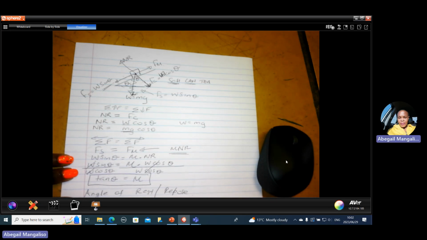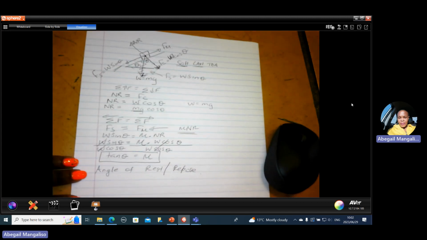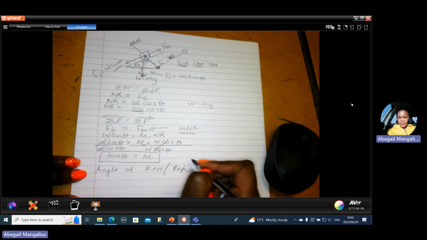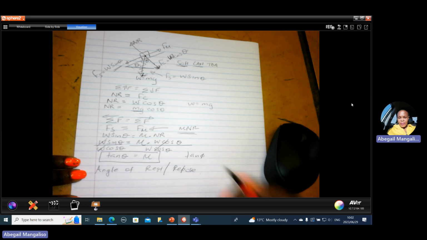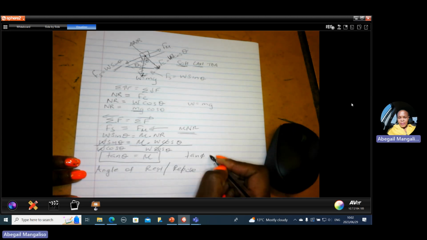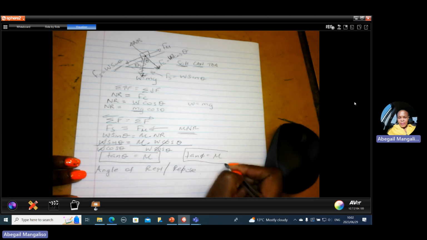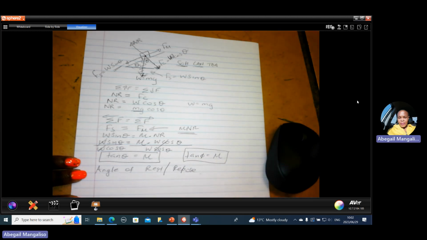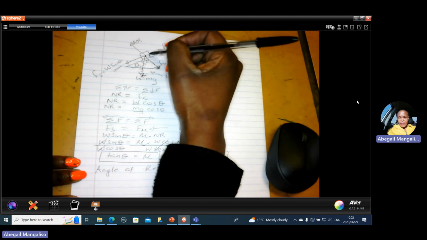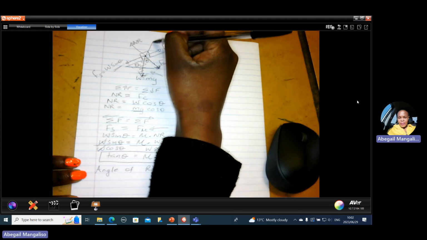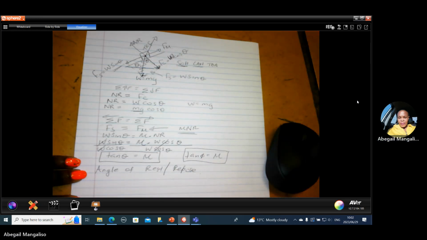Now you still remember that when we were doing the horizontal surface, we also got tan phi, which is the angle of friction, and it was also equal to mu. The angle of friction is the one between the normal force and the total reaction force. So these two angles will be equal.